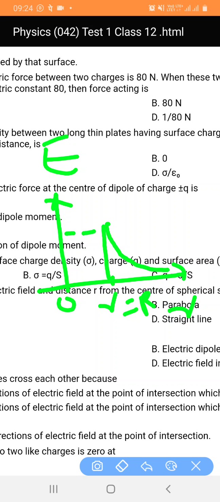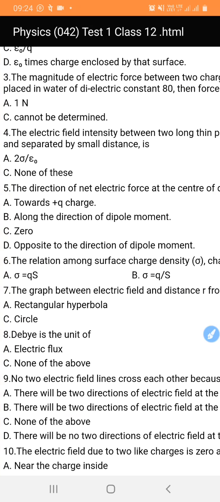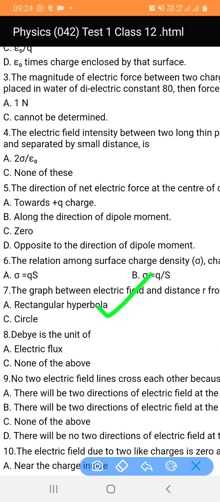So you can draw this one and you can answer that this will be a rectangular hyperbola. So option A will be correct.